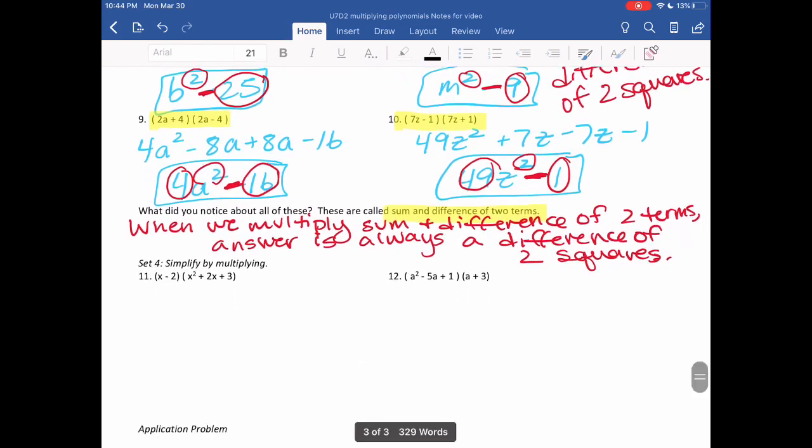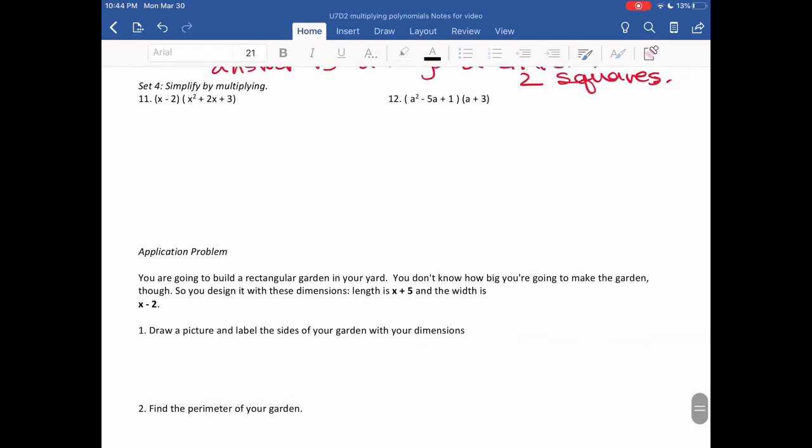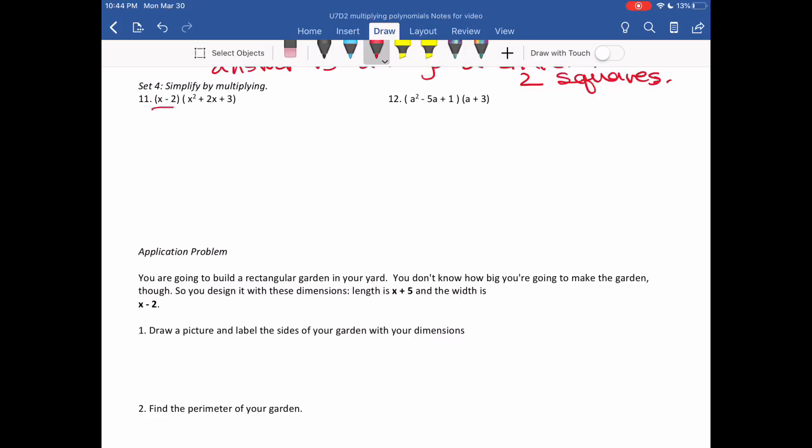All right, we're going to just kick it up a little bit. Of course, we're going to simplify by multiplying. You're going to notice in number 11 now, I have a binomial, x minus 2, and I'm multiplying it by a trinomial, x squared plus 2x plus 3. So now I can't FOIL. I don't really have a first, an outside, an inside, and a last because I have this extra term here.